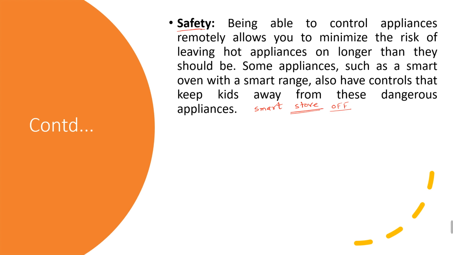So another feature of a smart appliance is safety. Another example is the smart oven. It can sense the temperature inside the oven, and it will automatically sense the temperature required for the food to be cooked. So the safety will be improved.